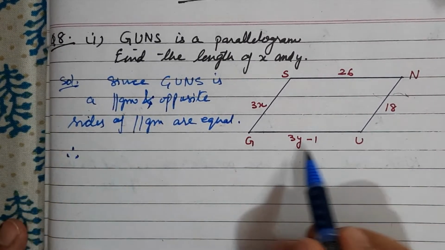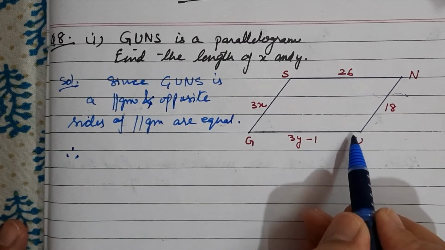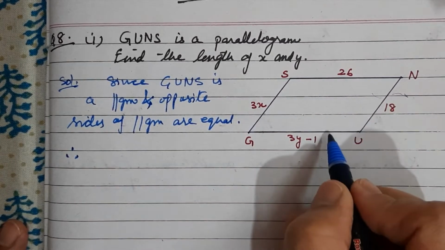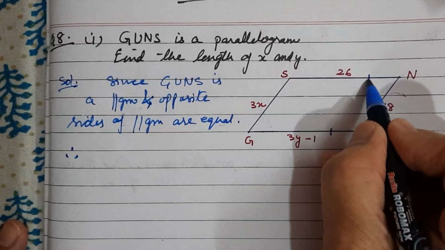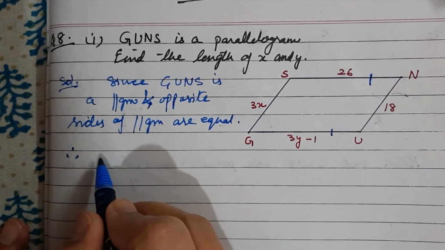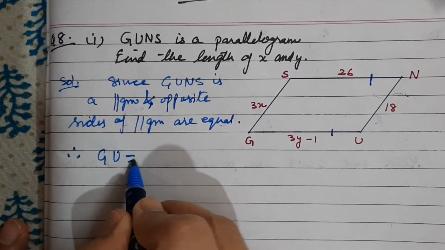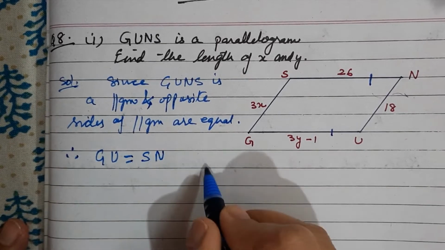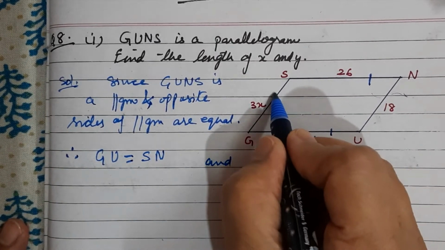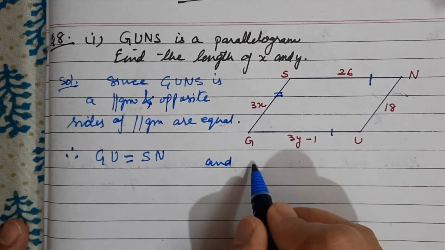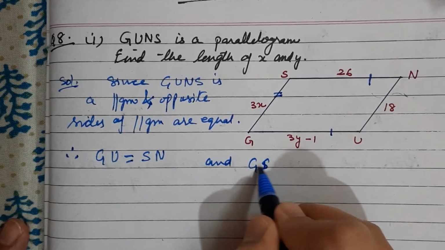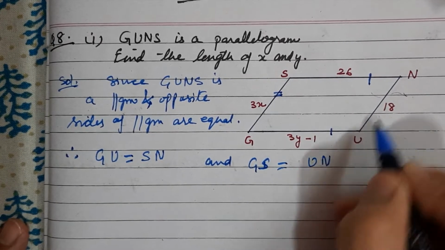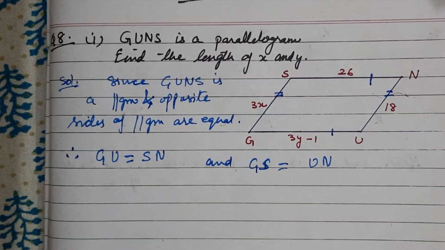Therefore, which opposite side? GU is equal to SN. This side is equal to this side. And the second pair of sides is GS is equal to UN, this side.